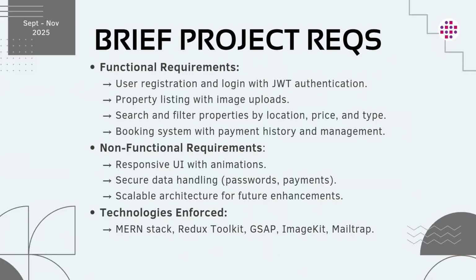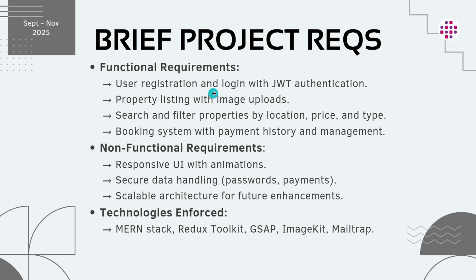So the requirements for this project were, the functional requirements included user registration and logging with JWT and authentication. JWT is JSON Web Token Authentication. Then there was proper property listing with image uploads, because you can't store image links or image PNG or JPG files inside MongoDB.